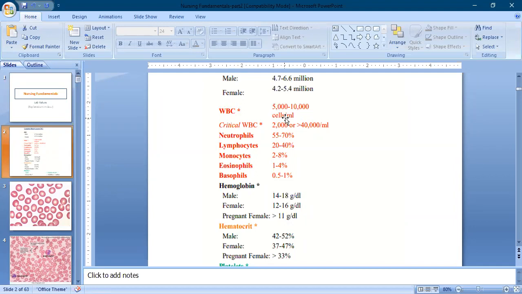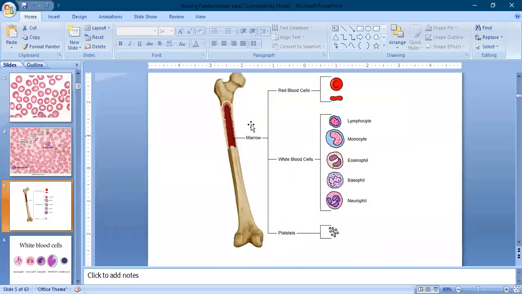So leukocytosis indicates infection or inflammation, but leukopenia, less than 5,000 or 4,000, indicates the patient has an autoimmune disease or bone marrow suppression or toxicity. So here a picture you can see.